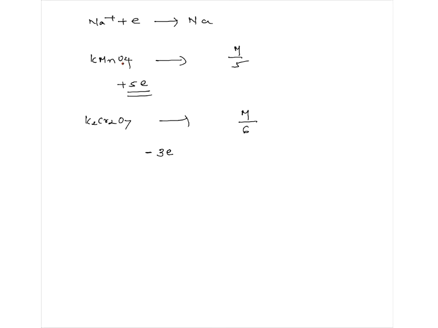So for redox reactions, the rule is whatever molecular mass is there, divide that by number of electrons transferred per unit.